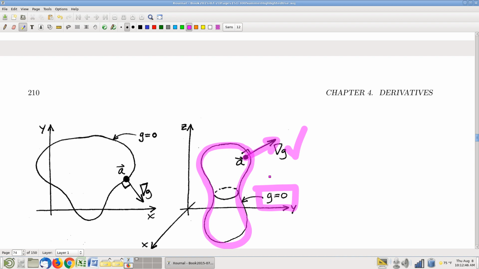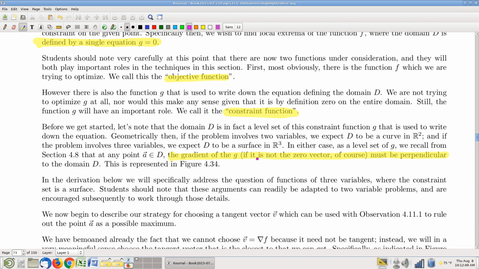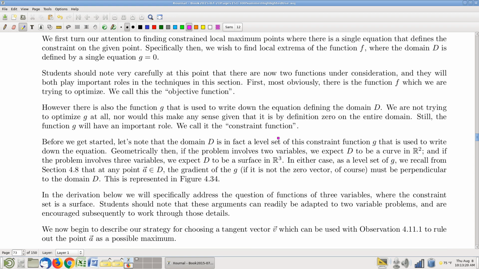Okay. Oh, by the way, a little terminology. We're going to call this function g the constraint function. I think it's a reasonable terminology, constraint, because that's the function we use to describe which points we're interested in, which points we're restricted to, as opposed to which points I don't care about because they're not on my surface. I'm going to be using this terminology, constraint function, throughout. And then just for distinction purposes, don't forget there's also the function I'm trying to maximize.